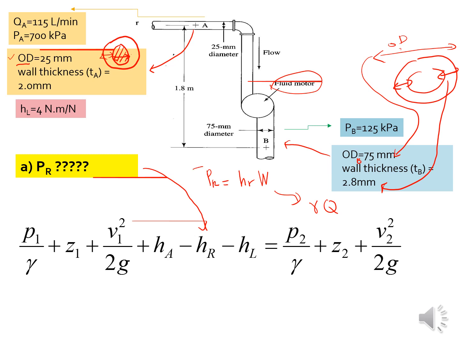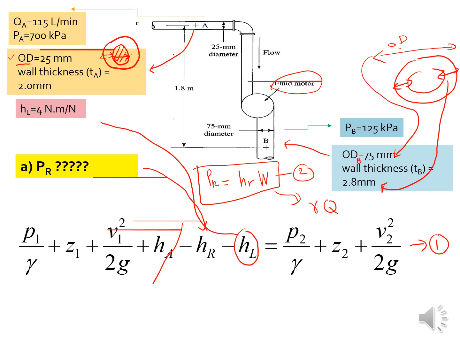So there are two formulas that we can use. The first one is the general energy equation, and the second one, once you get the HR value, is to calculate the power removed by the system using this formula. Since this system doesn't consist of a pump, we remove this HA. HL is already provided, which is 4.